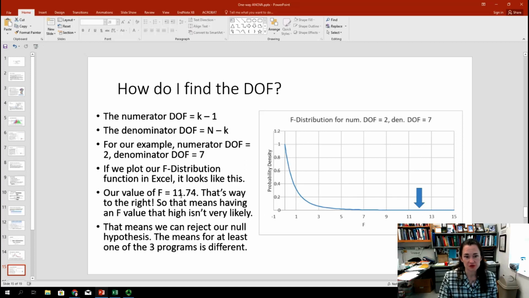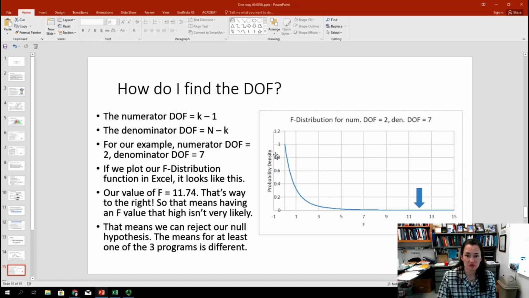Now our F value is 11.74. Remember, the F distribution plots on the vertical axis the probability density, and on the horizontal axis the value of F. So if I show you where our value of F is, that's indicated by the blue arrow here, and it's pretty far to the right. So what that means is that the probability of having an F value that large is going to be pretty small.